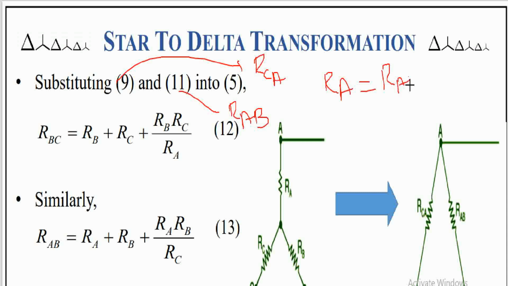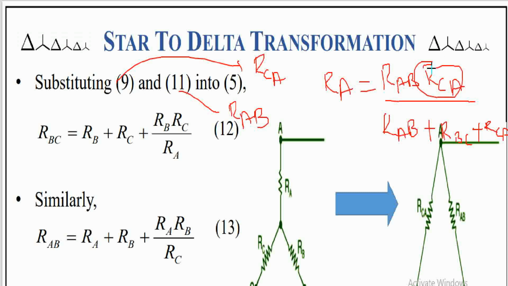RA is equal to RAB into RCA by RAB plus RBC plus RCA. So substitute the 9th equation and the 11th equation here, in the place of RAB and also in the place of RCA.